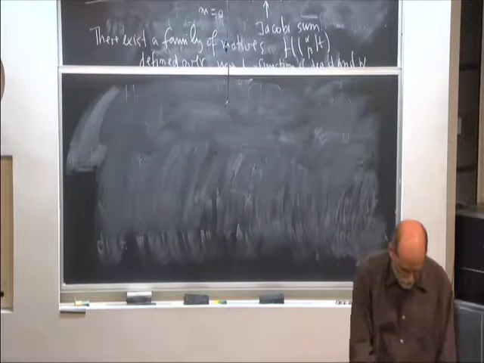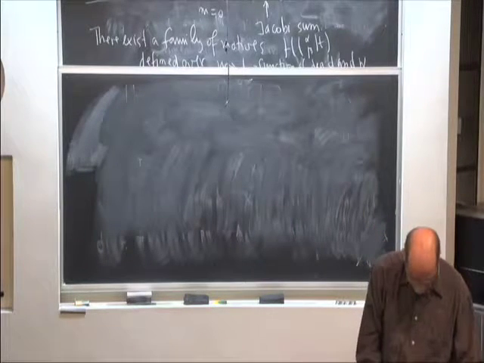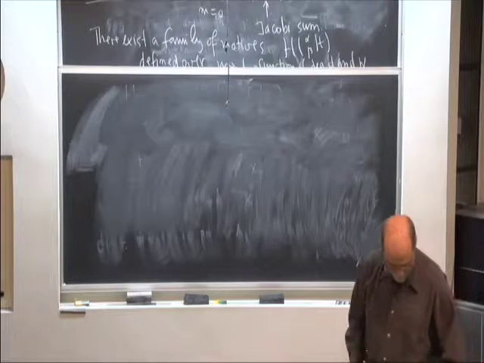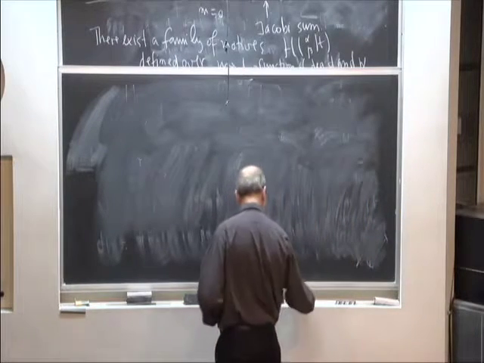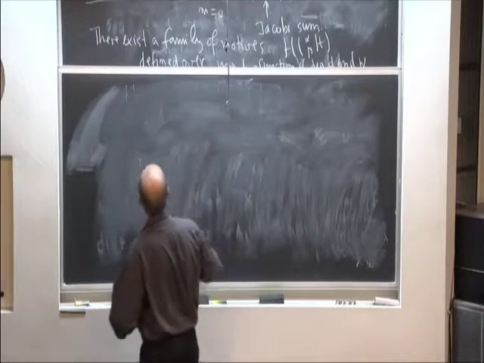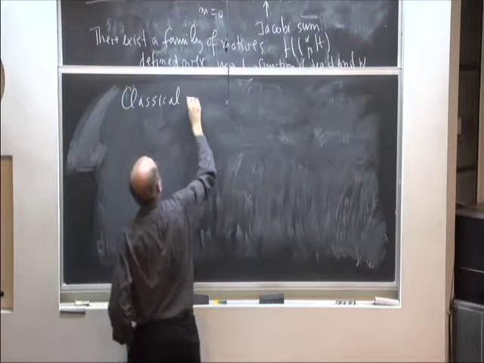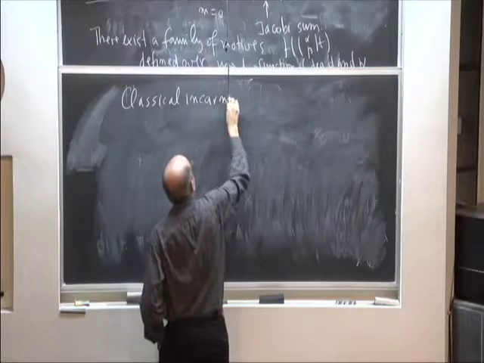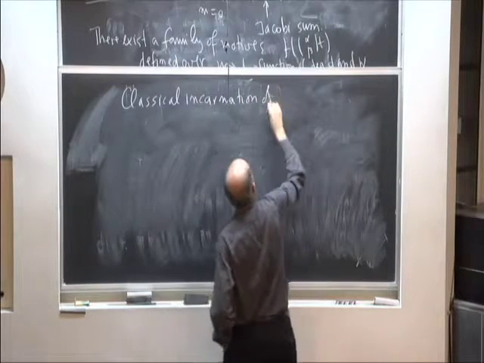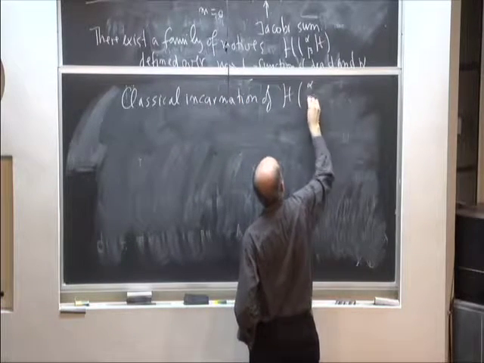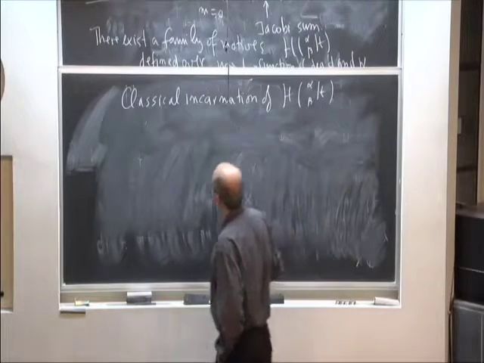Okay, so let's do the classical. Let's discuss this differential equation in the classical setting. So the classical incarnation of this motive is simply the differential equation. So how does that work?